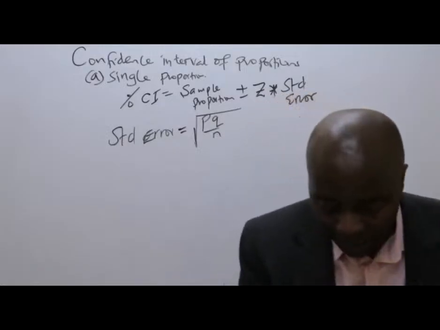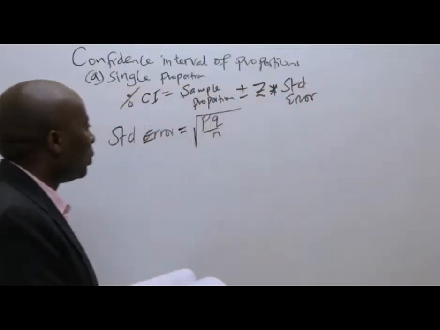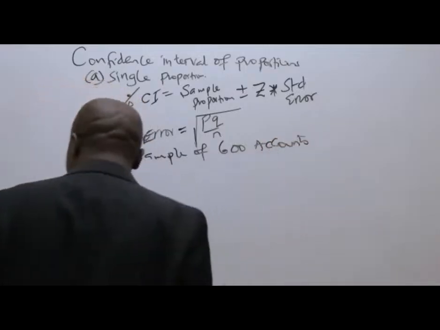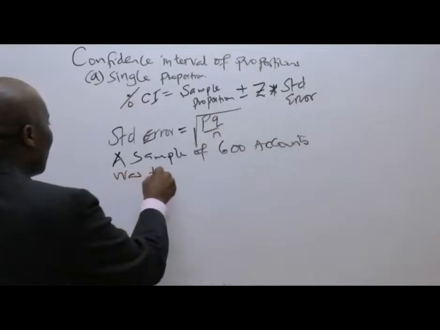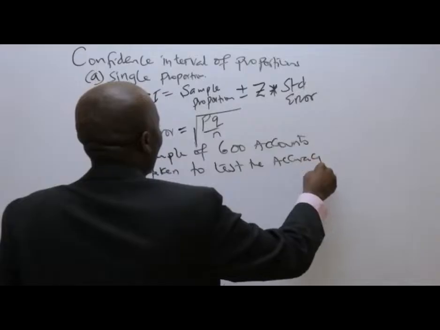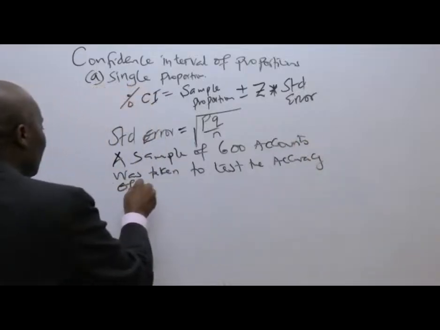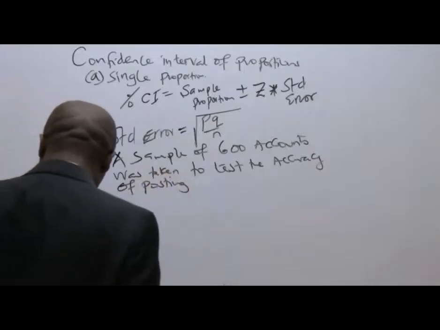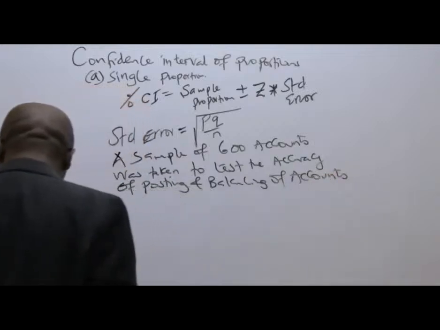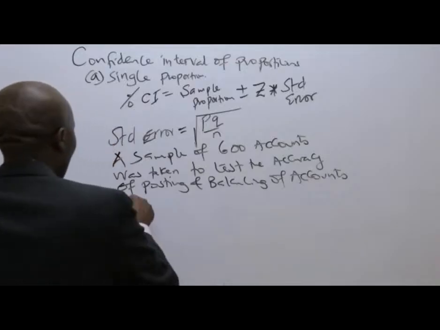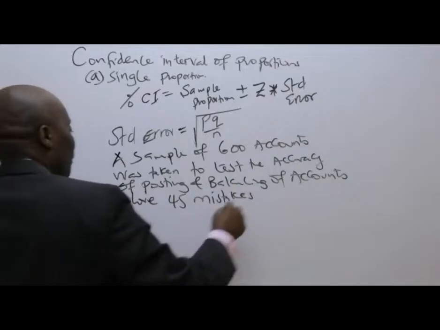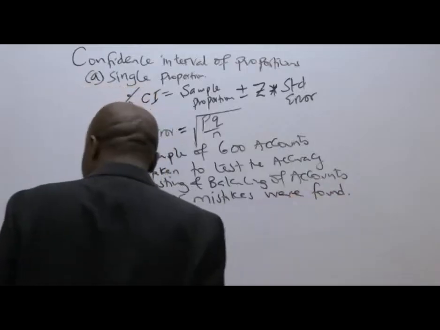A sample of 600 accounts was taken to test the accuracy of posting and the balancing of accounts, where 45 mistakes were found. 45 mistakes were found.